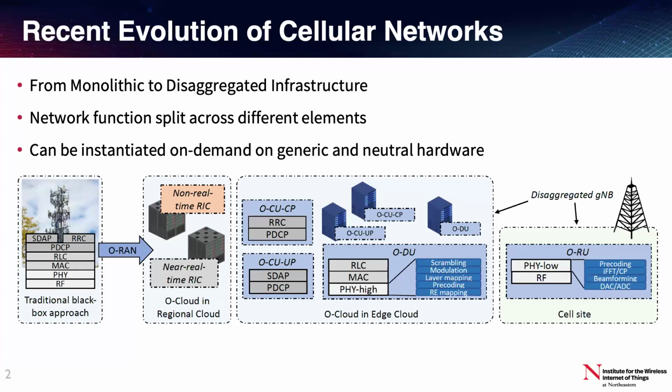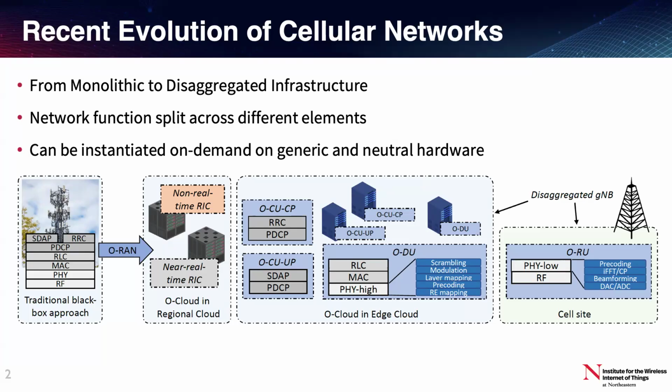But first, let's take a step back and see a bit about the recent evolution of cellular networks. In the last few years, cellular networks have undergone a significant change from what was a monolithic architecture. By monolithic architecture, we mean a traditional single unit that takes care of the functionalities of a base station, which is the one that you see here on the bottom left part of my diagram on this slide.